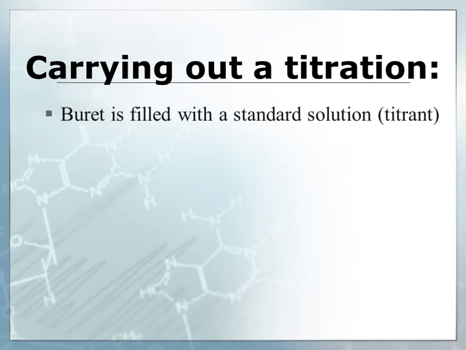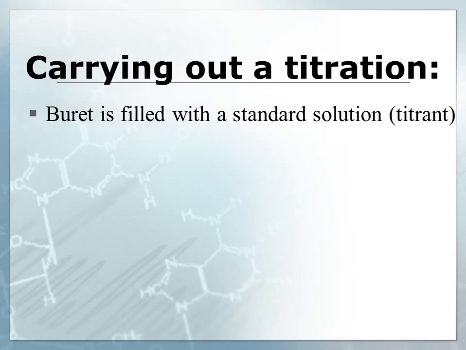Now, in carrying out the titration, the first thing that you want to do is condition the burette. And by conditioning, what we mean is use a little bit of the titrant, the standard solution, and you, if you will, prime the inside of the burette. You put a few milliliters inside, turn the burette on its side without pouring any of the titrant out, and kind of rotate the burette so that you are coating the inner walls with that titrant.